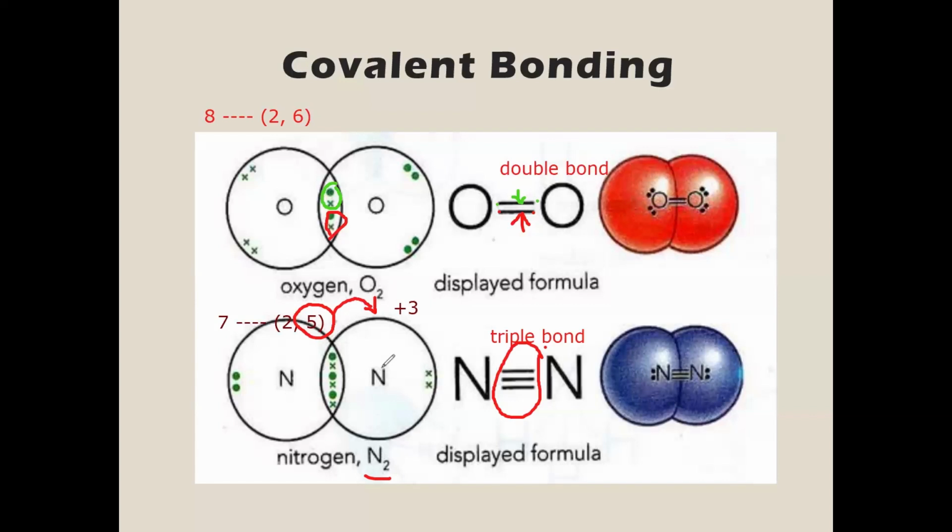So three electrons from the first nitrogen and three electrons from the second nitrogen. So we now have three pairs of electrons. Every pair will form one bond, or a single bond. At the end, you will have a triple bond in the nitrogen gas between every two atoms of nitrogen. And as you can see, neither takes and the other gives. No, every one will give and take. Both of them will share.